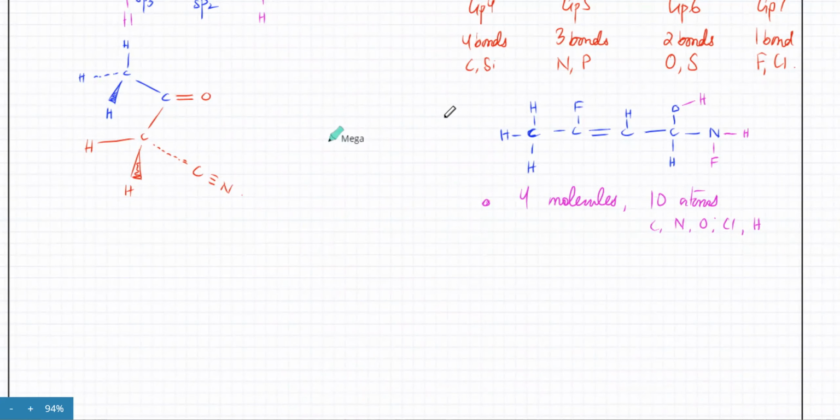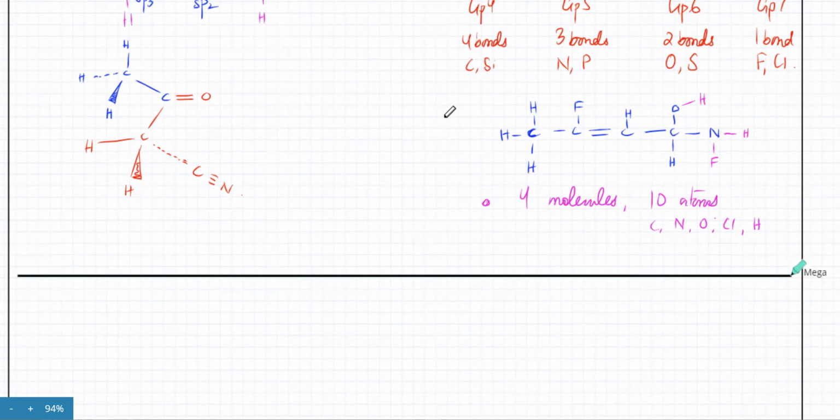I think I told you to draw those, and you did send me the answers. Just one second, let me quickly go through the diagram. I told you to draw four molecules with 10 atoms.